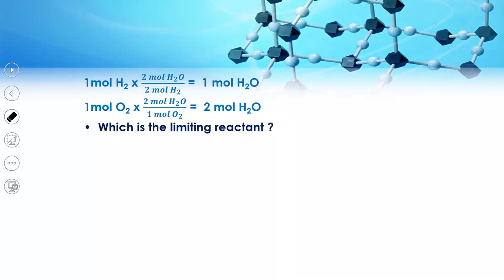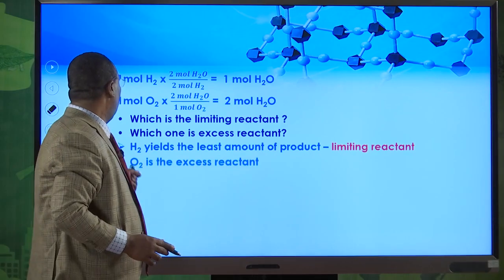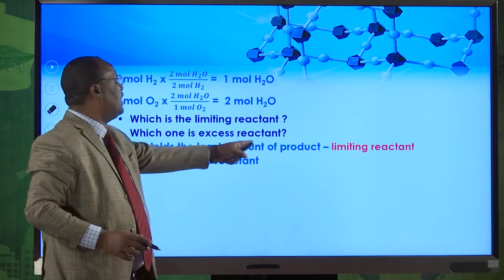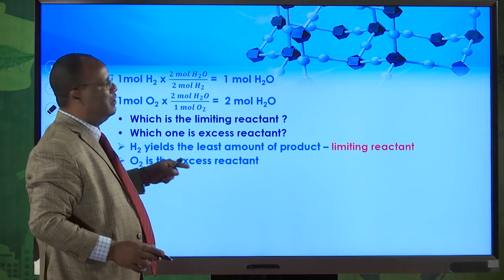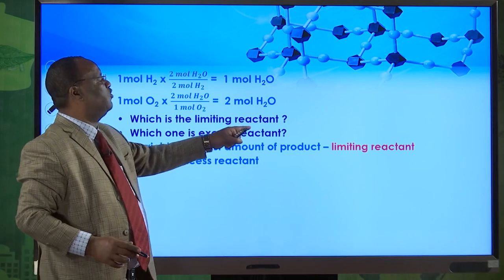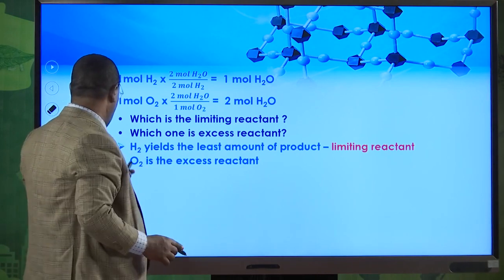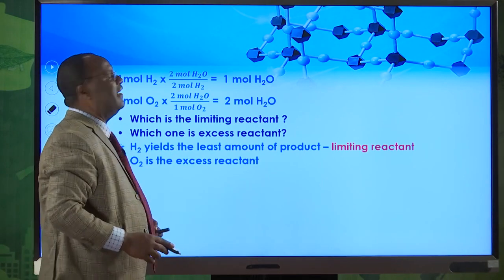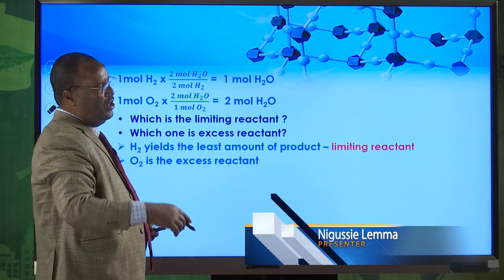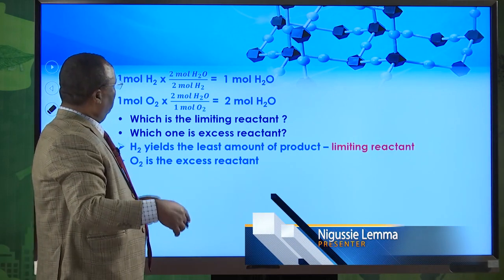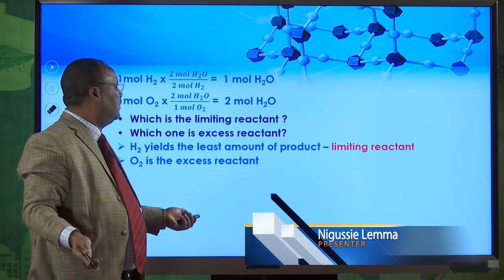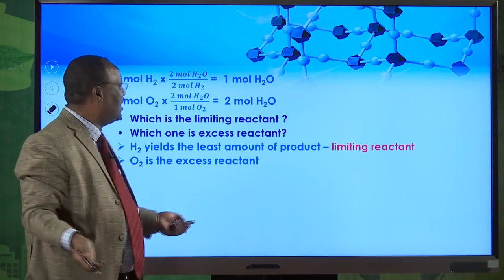Which is the limiting reactant and which is the excess reactant? Hydrogen yields the least amount of product. The reactant that gives the least amount of product is the limiting reactant. Oxygen is the excess reactant because it gives the higher amount of product, which cannot actually be produced in reality.